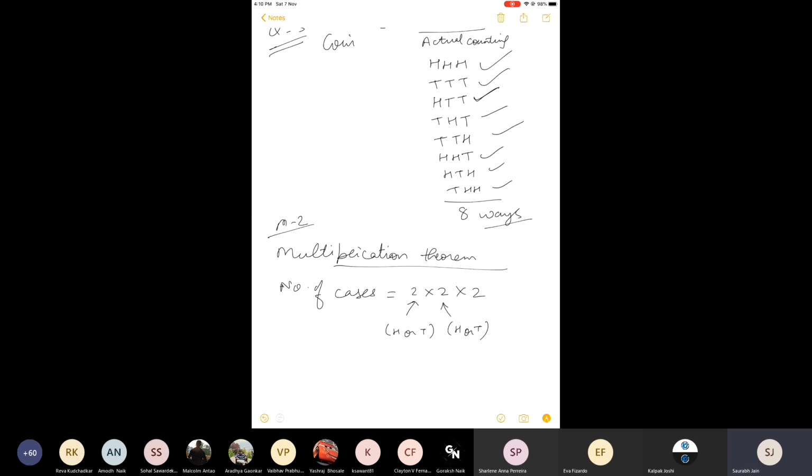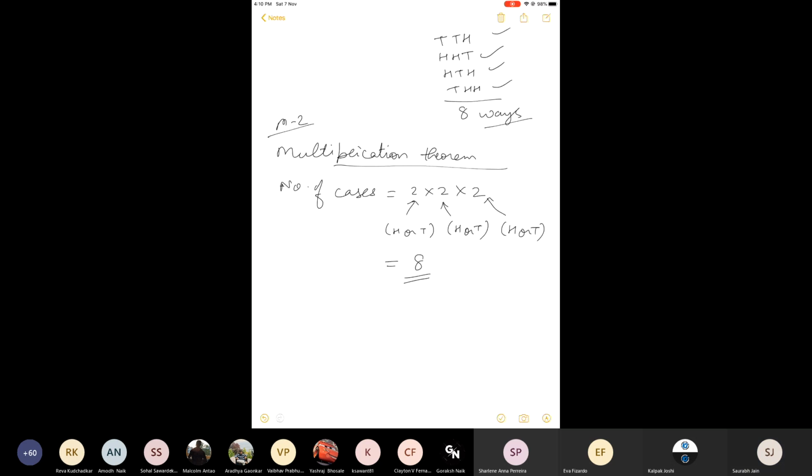Similarly, here you can remember one important point. This can help you in some other questions. If a coin is tossed n times, then the number of outcomes or number of cases will always be 2 to the power n.